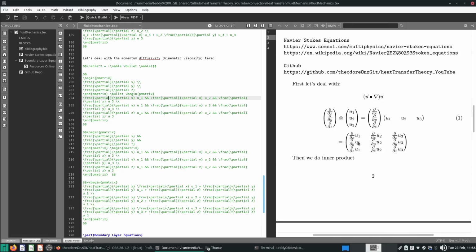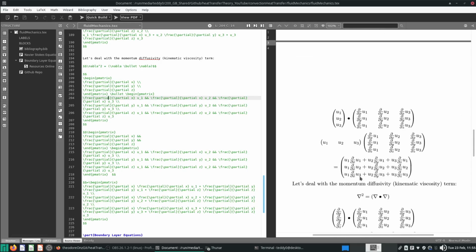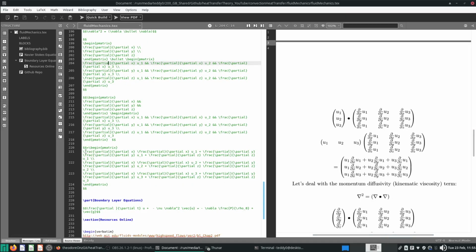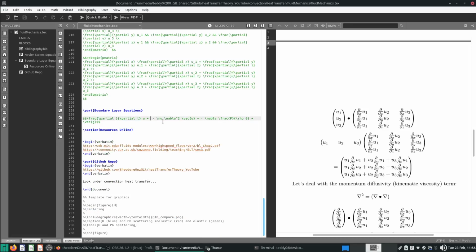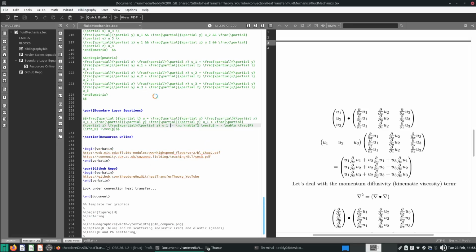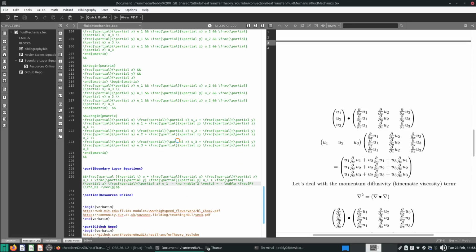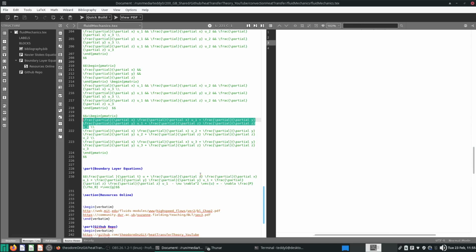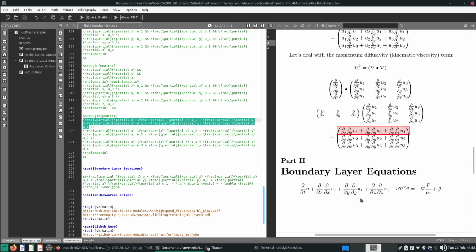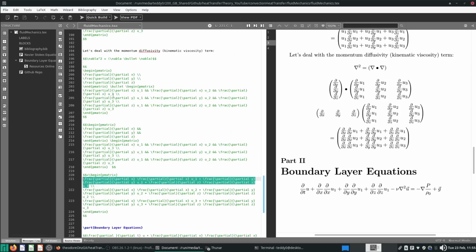I'm going to take this first row here, which is right over here, so that you can see what's going on. And of course, next I will take the first element as well. Okay, so this is the Laplacian term. Oops, so sorry. Let's get the right one.